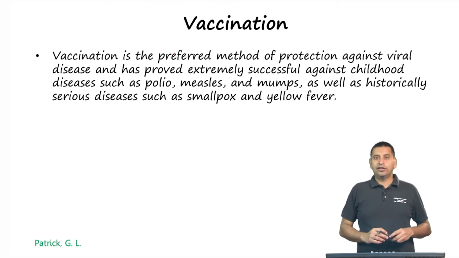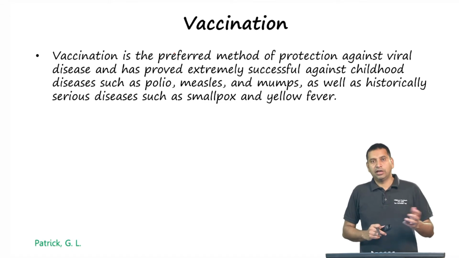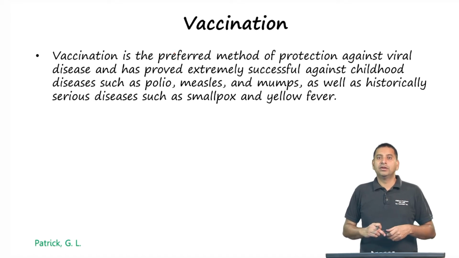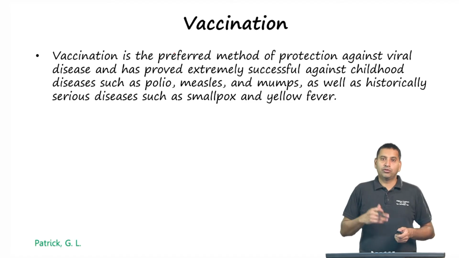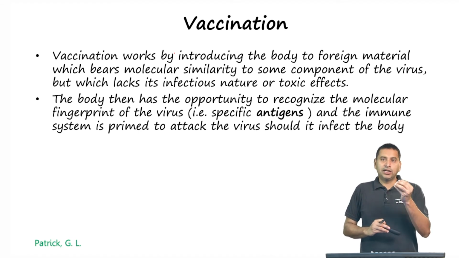One of the ways in which we can protect ourselves from viral diseases is to use vaccination. A number of diseases that we looked at, such as polio, measles and mumps, are mainly targeted by vaccination. Smallpox and yellow fever are also serious diseases which are countered by vaccination. Vaccination works by introducing the body to a foreign material, and this foreign material has a very similar molecular structure or a component of the virus.